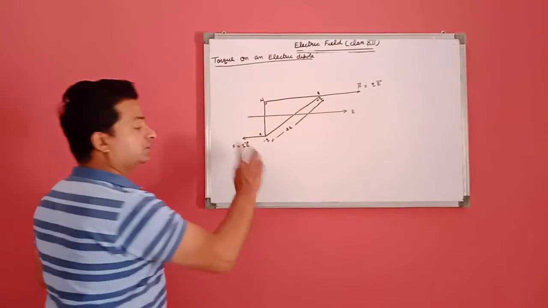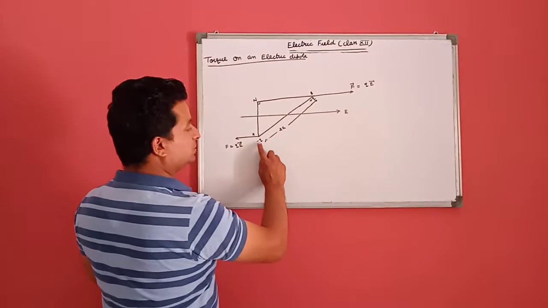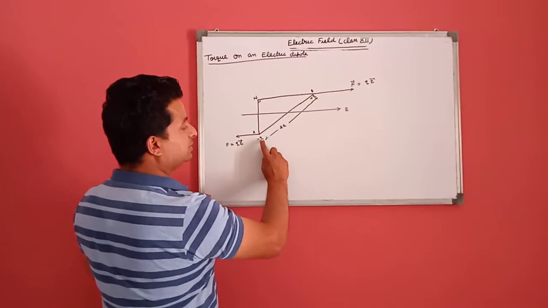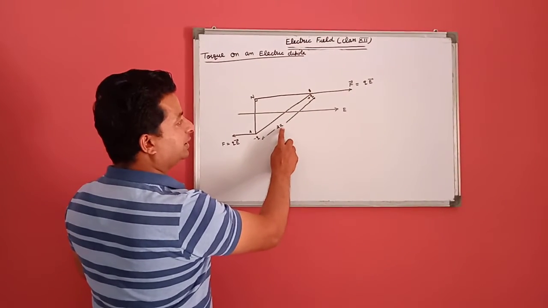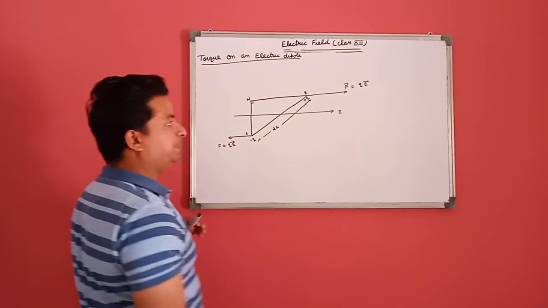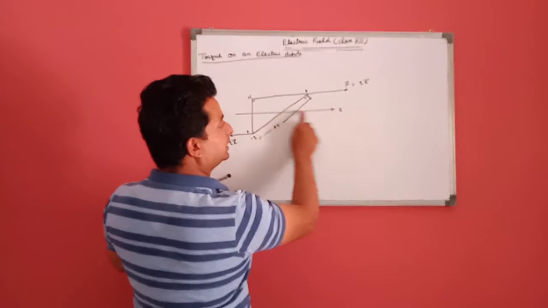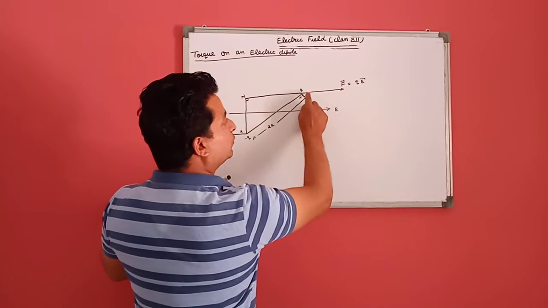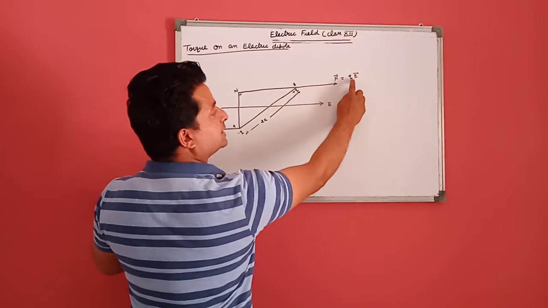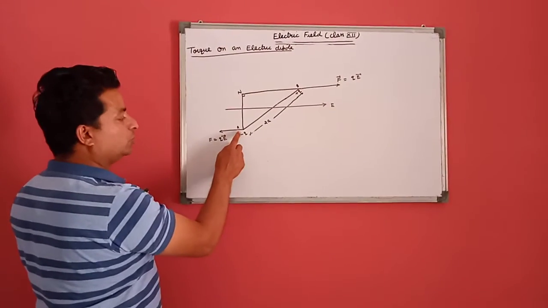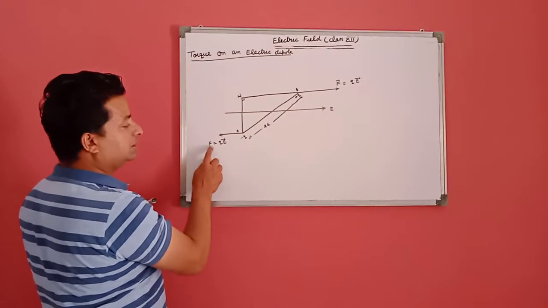For this, first of all consider an electric dipole consisting of two charges minus q and plus q separated by a distance of 2a. After this, we take the direction of the electric field. The force on the dipole due to plus q charge is qE and the force due to minus q charge is qE.